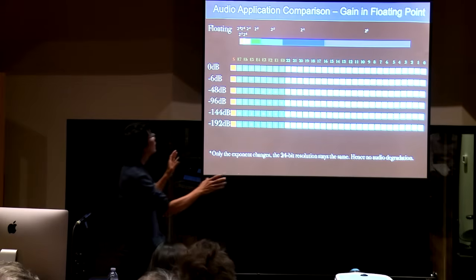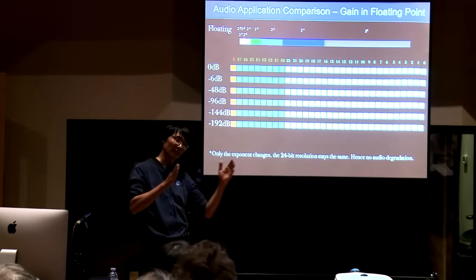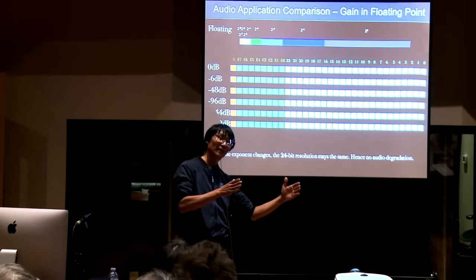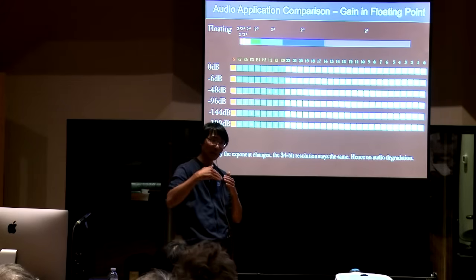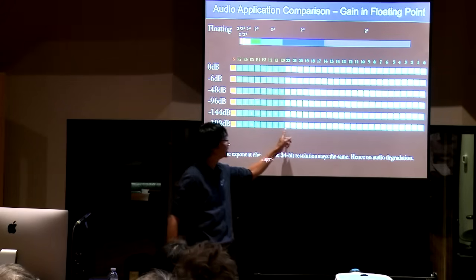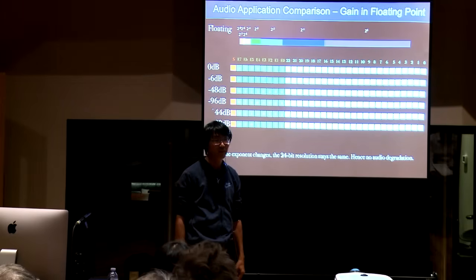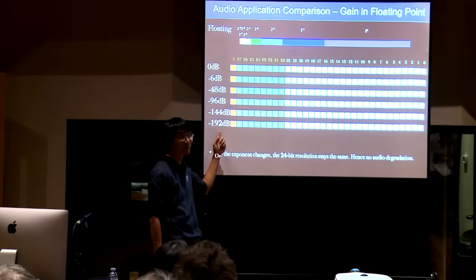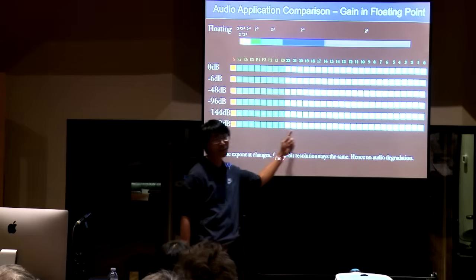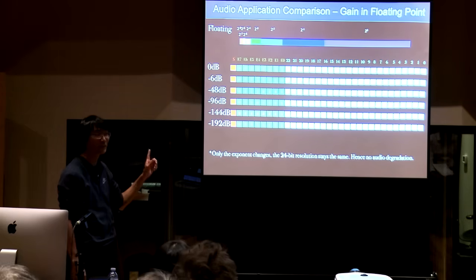So if you really want to use the gain, as long as it's not in the top 48 dB, anything you do below the headroom, minus 48 dB, you have zero loss of data representation. Isn't that cool? Even go down to 192, no change. And that's the advantage of floating point.